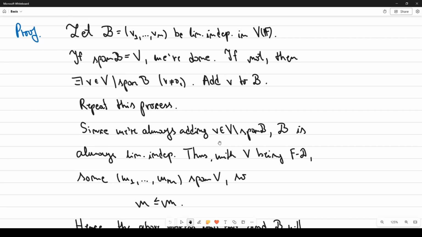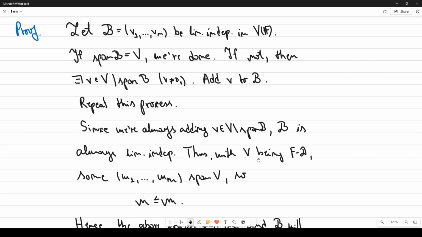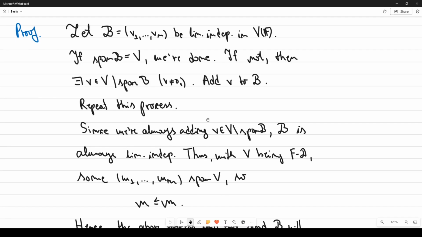Since we're always adding vectors from outside the span, B is always linearly independent. Thus, with V being finite dimensional, there exists some spanning list of vectors w1 to wm that spans V. And the length of our linearly independent list is always less than or equal to the length of this spanning list.